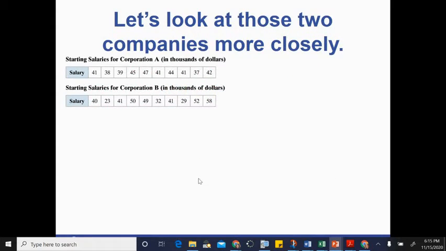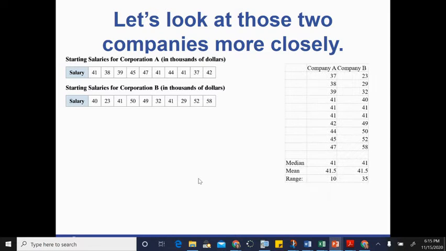But let's look at those two chunks of data a little bit more closely for those two companies. And I want us to look at the mean, the median, and the range. So I went ahead and I popped those into a spreadsheet, and I found the mean, the median, and the range. I put them in order, right?